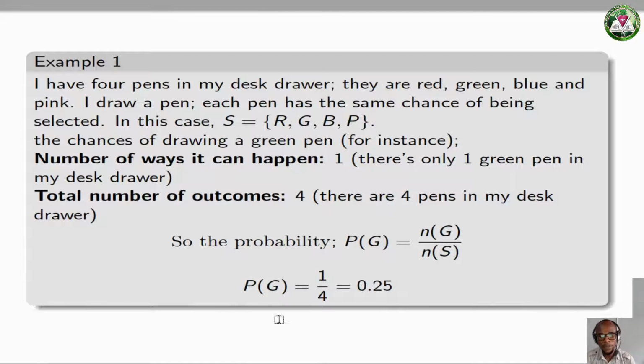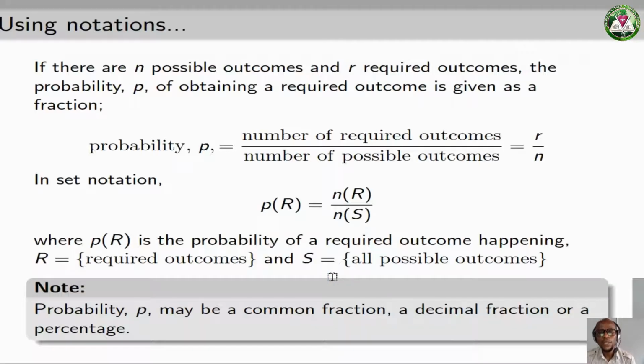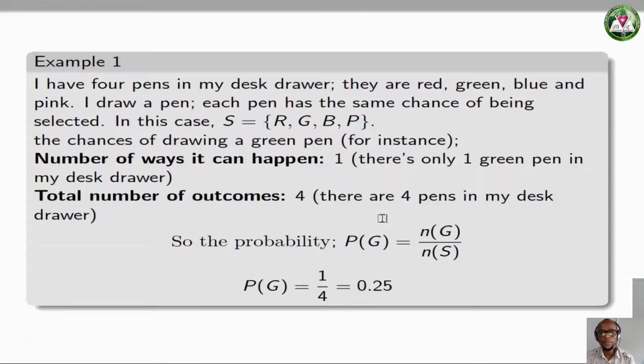Then for the cardinality of the possible outcomes, you check how many pens you have in your drawer. That gives you the cardinality of our sample space. There are 4 pens in the drawer. So the probability, using the definition, of picking a green pen will be 1/4.